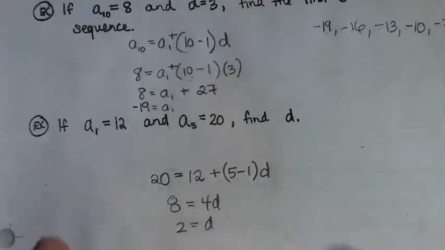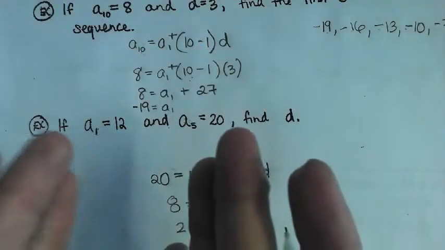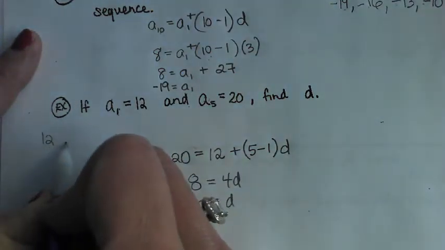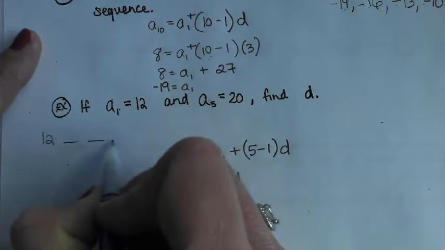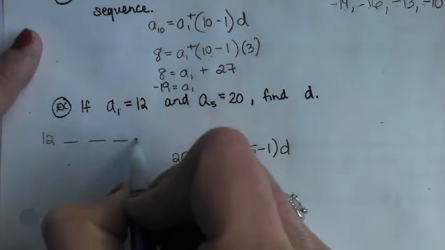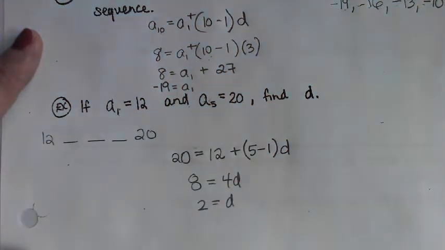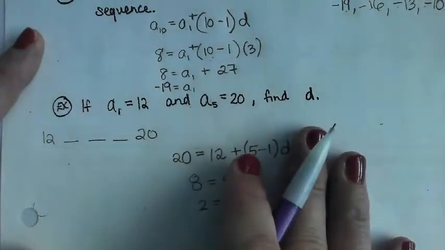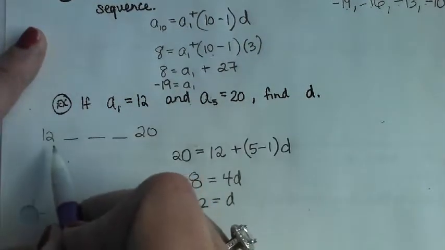So again, I start with small examples. You could do that manually. And you could kind of say, okay, if my first term is 12, and then I have a second term, and then I have a third term, and then I have a fourth term, and then my 5th term is 20. Essentially, watch how I think through this manually, just to help enhance your understanding.